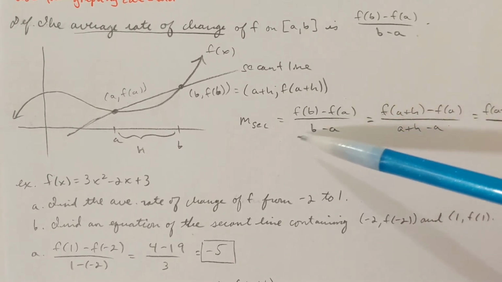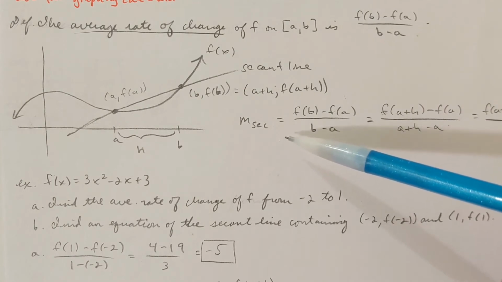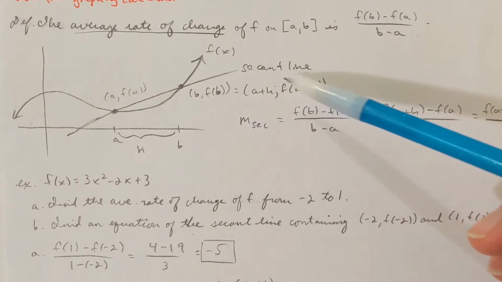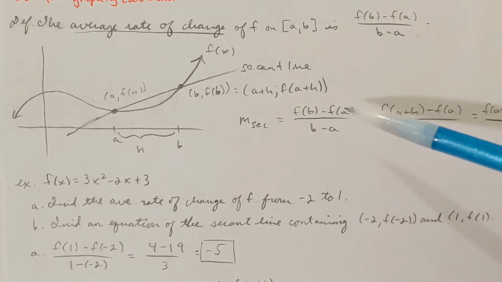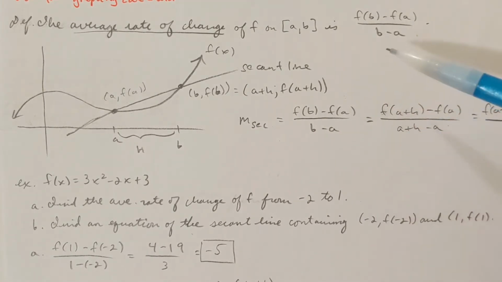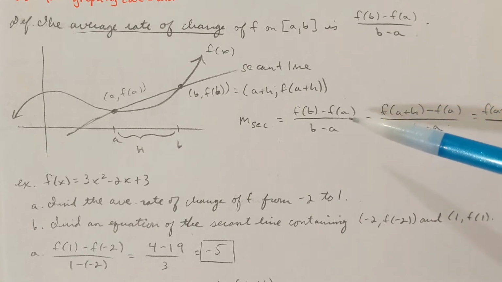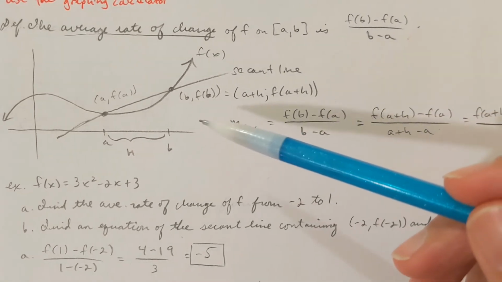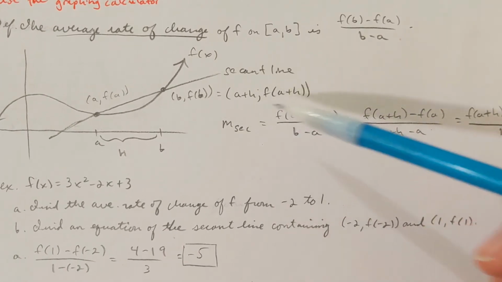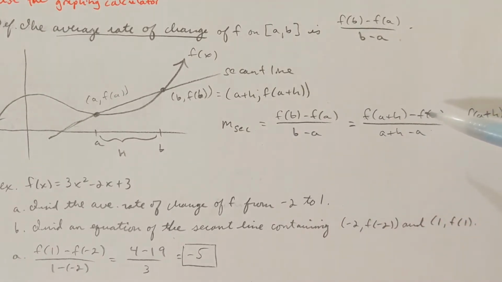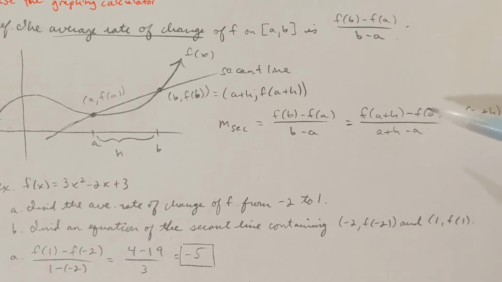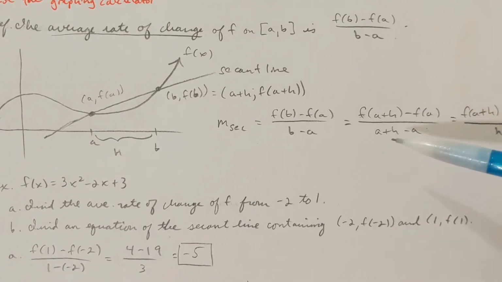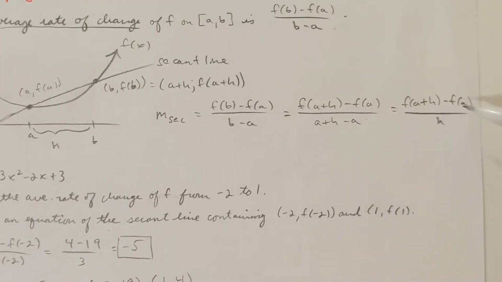Now the slope of the secant line, and this is the secant line, is f of b minus f of a over b minus a. b is a plus h, and so I've got f of a plus h minus f of a over a plus h minus a.